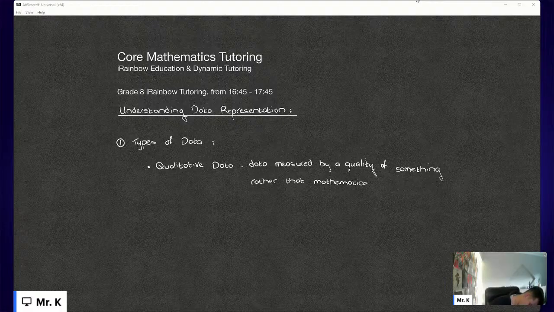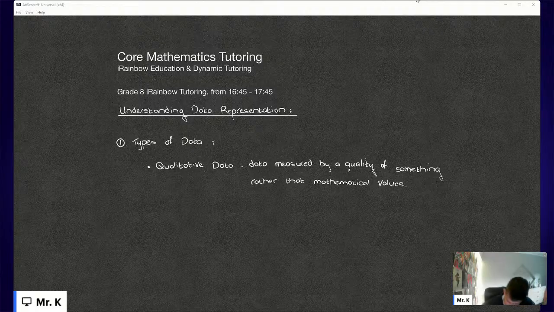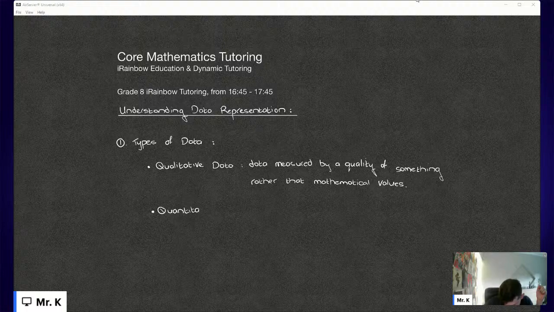Rather than mathematical values, like numbers, right? So that tells us that the second kind of data is the one that we work with very frequently, which is what we call quantitative data.